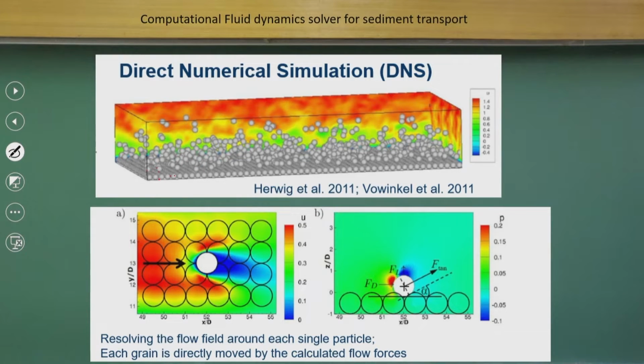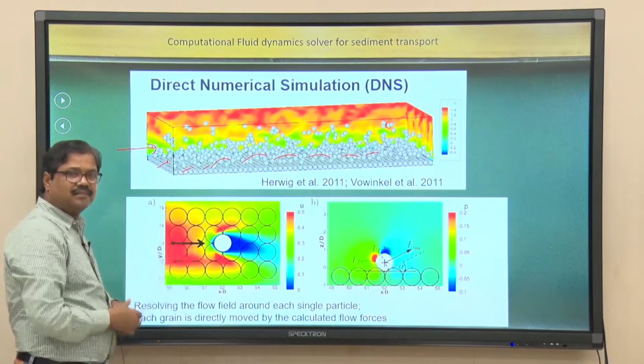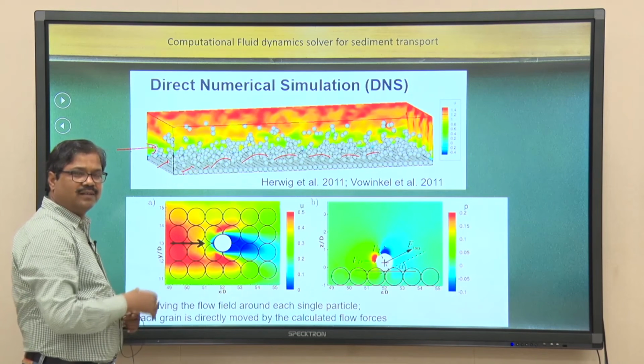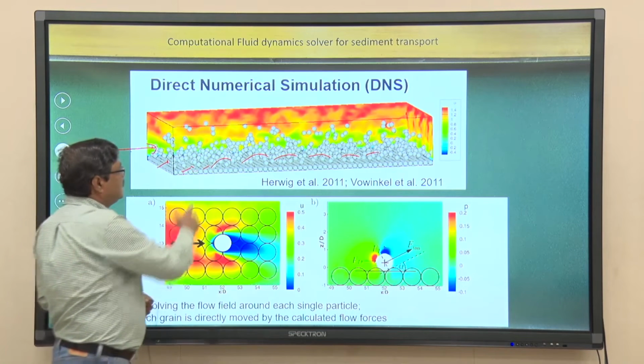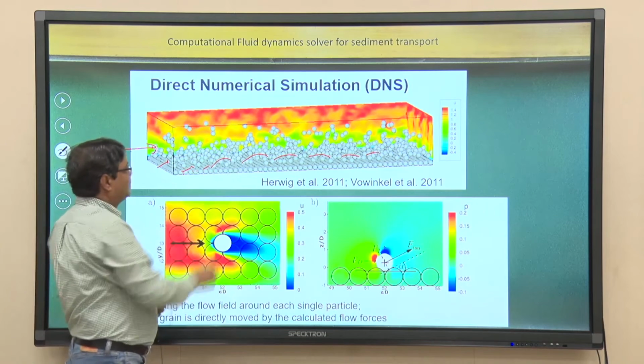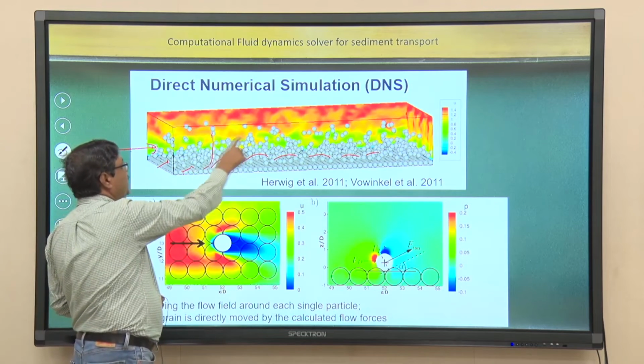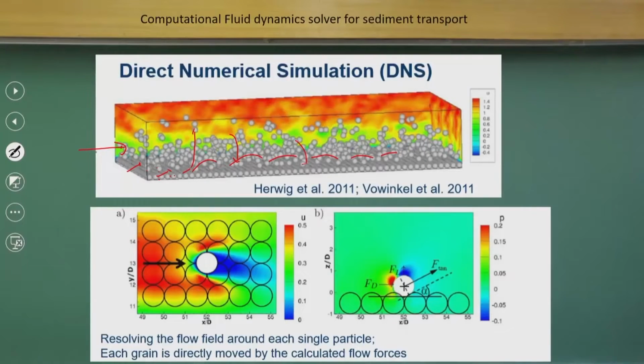The bed sediment particles can be represented as equivalent spherical balls, and if the flow goes like this, you can see all the processes of particles rolling, hopping, or sliding. You can see how the particles are moving and also falling down.